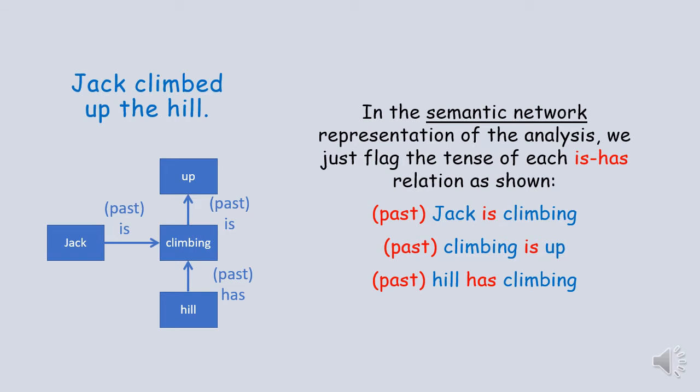So the link between Jack and climbing in the network is flagged as past. The link between climbing and up is flagged as past also. And finally, in the link between hill and climbing, we also flag it on the network as past.